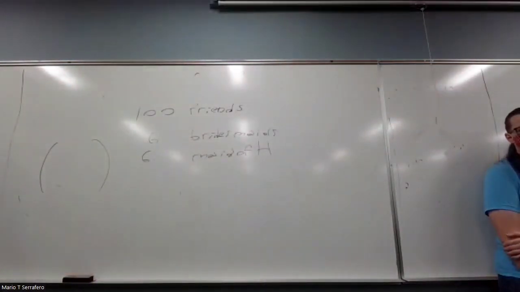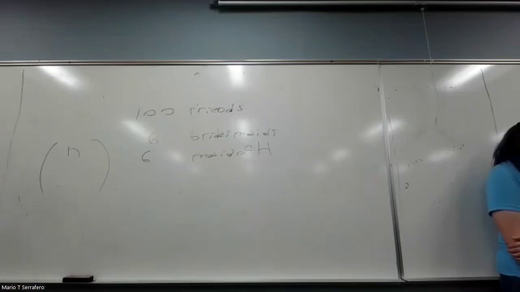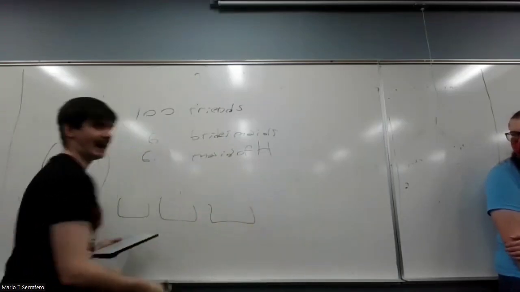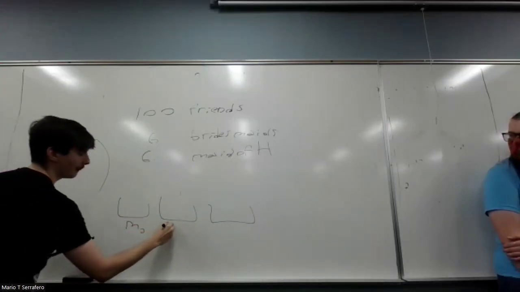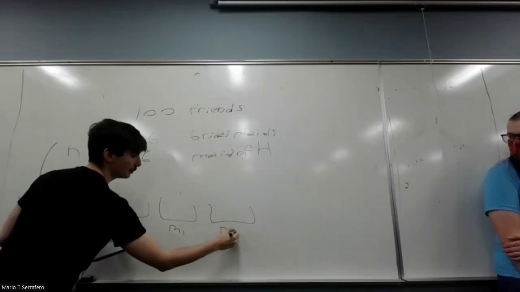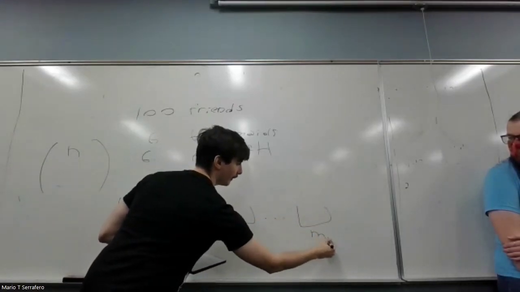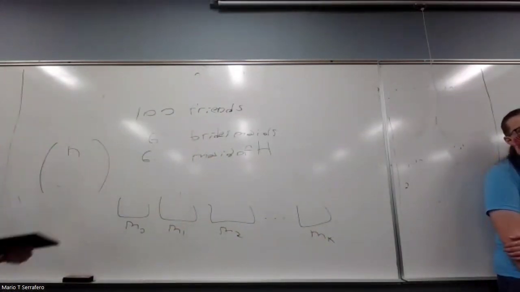Okay, so back to this multinomial coefficient. If we have n objects and I want to distribute them across buckets where each has a specified capacity, let's say M0, M1, M2, up to MK, these are the capacities of each bucket or group or set.